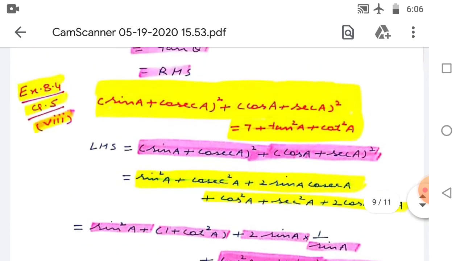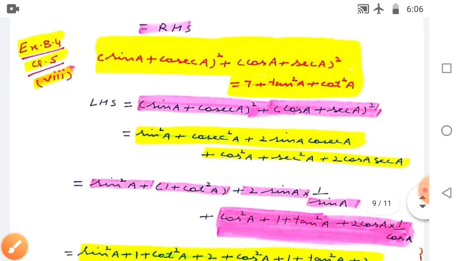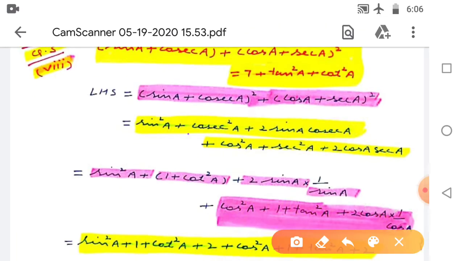Again look at here quickly. A plus b whole square. Again this is a plus b whole square. We apply this formula. In the right hand side we need tan square a plus cot square a. Here we had cosec square a and sec square a. We know cosec square a is equal to 1 plus cot square a. I need cot square a. So here 1 plus cot square a instead of cosec square a, because there is no need of cosec square a on the right hand side.